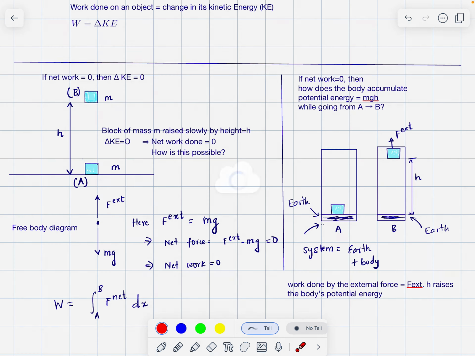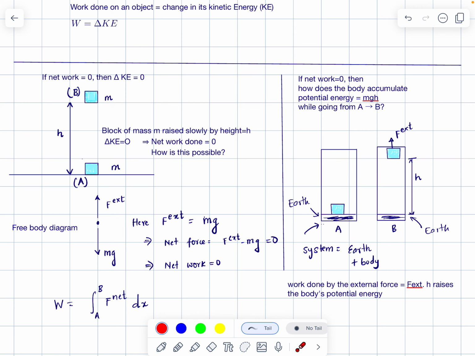What is happening here is that the external force acts on this system, rather, and raises the object by height equal to h. It changes the internal configuration of the system. So clearly what we are doing is applying an external force on this system in such a way that this particular body is raised by a height h.